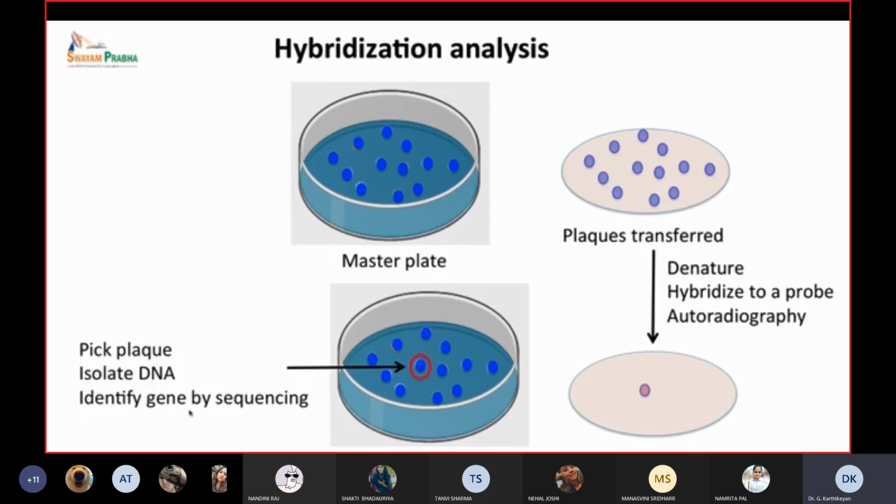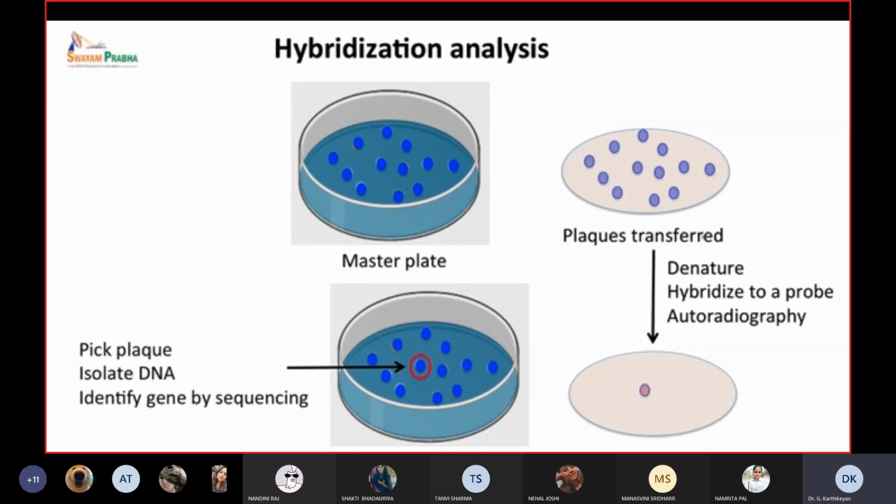Now, if you're doing plasmid cloning, then there will be a large number of E. coli colonies. And so the replica plating does not give very clean results because the E. coli colonies give a background when you develop the film. So picking up what is positive, what is not positive is a little difficult.